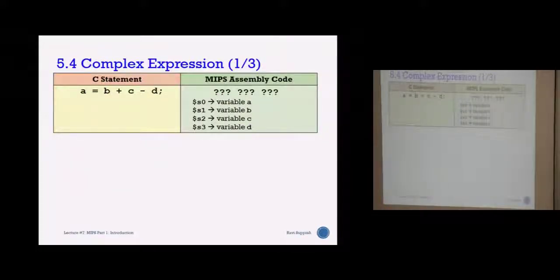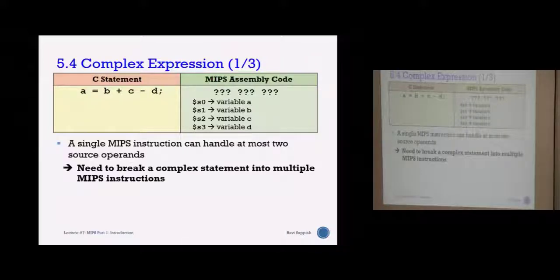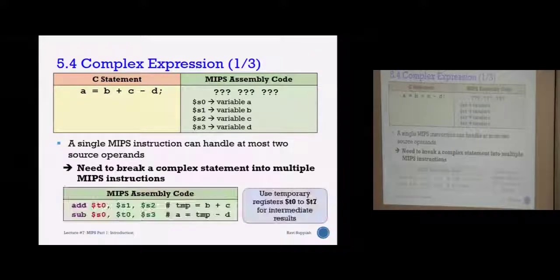Okay, so how do I do this? You have three variables, and you want to do an operation. How will I do this in MIPS? In MIPS, you can only have two sources and one destination in every instruction. So this is not possible in a single instruction. You need to break it up into multiple instructions. Such an operation, you need to break up into two separate instructions.